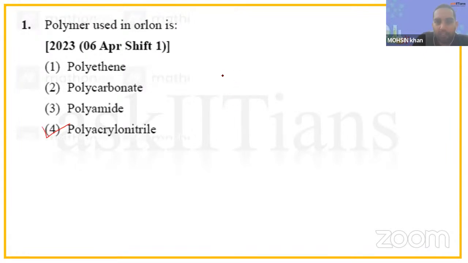Here we use acrylonitrile, CH2=CH-CN. The name of this compound is acrylonitrile or vinyl nitrile. So this is the monomeric unit.